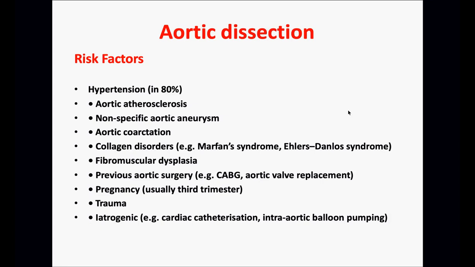Risk factors for aortic dissection are hypertension in 80% of cases, aortic atherosclerosis, non-specific aortic aneurysm, collagen vascular disease, for example Marfan, and fibromuscular dysplasia, previous aortic surgery, pregnancy, trauma, and even iatrogenic due to cardiac catheterization. Next slide.